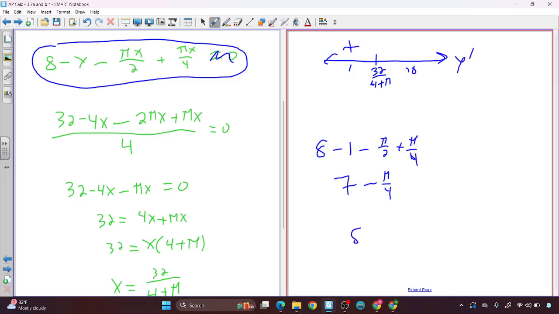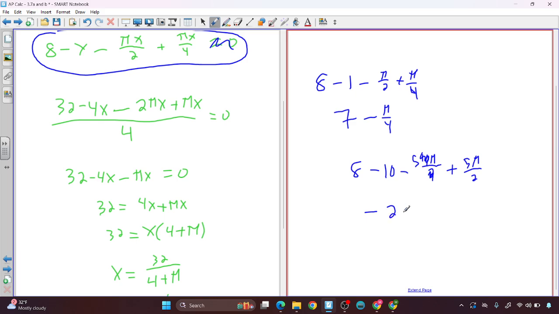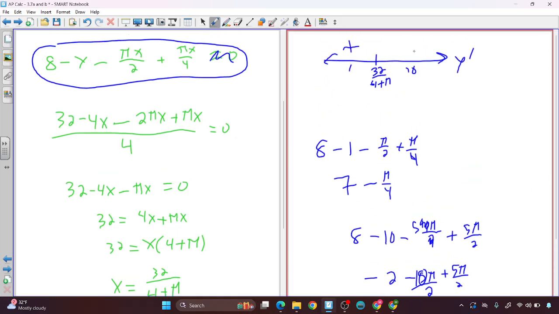And put in 10, we have 8 minus 10 minus 10 pi over 2, or just 5 pi, I guess you could say, plus 10 pi over 4, which would be 5 pi over 2. So we got negative 2 minus 5 pi plus 5 pi over 2. So we have negative 5 pi over 2 minus 2. So we have a negative here for that.